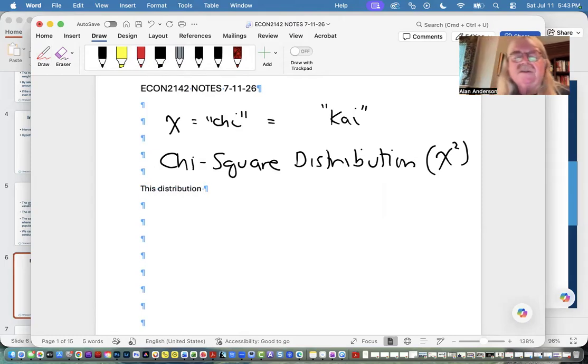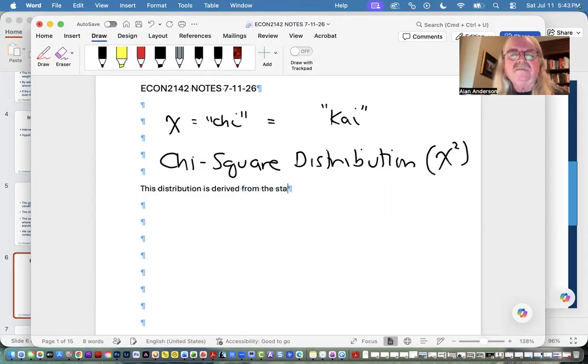But whatever happens, many of the advanced distributions are derived directly from the more basic ones, like the normal and the t. So this distribution is derived from the standard normal distribution.